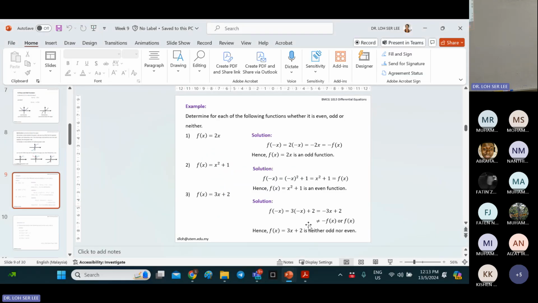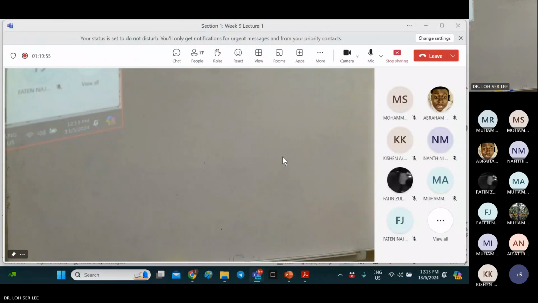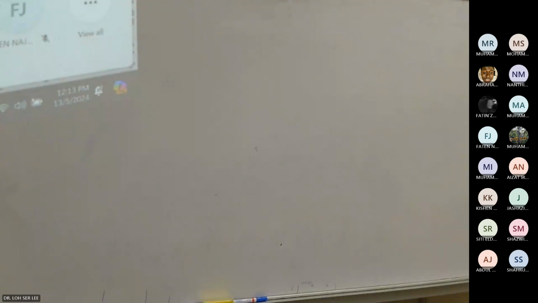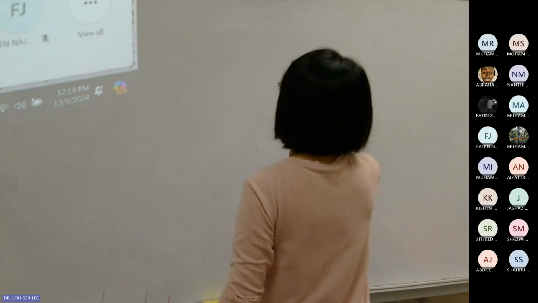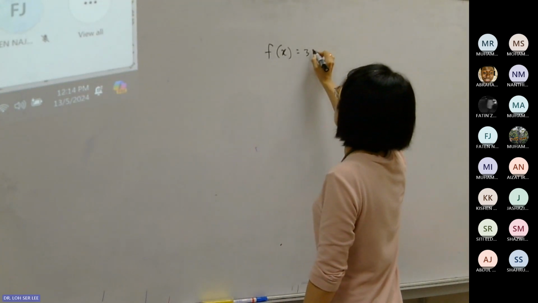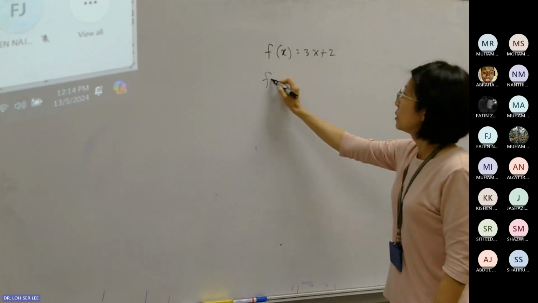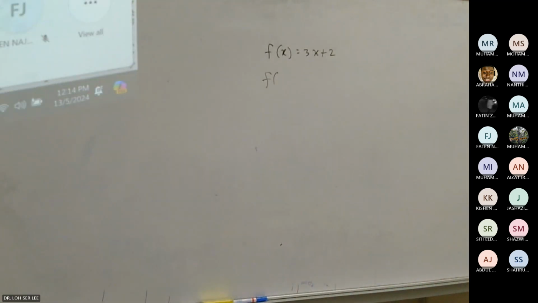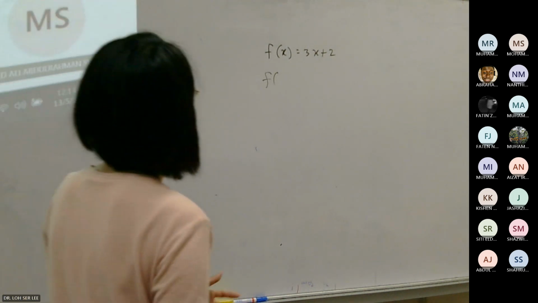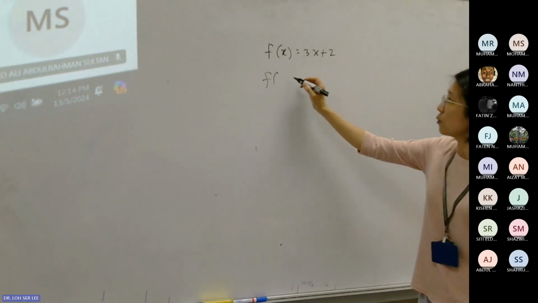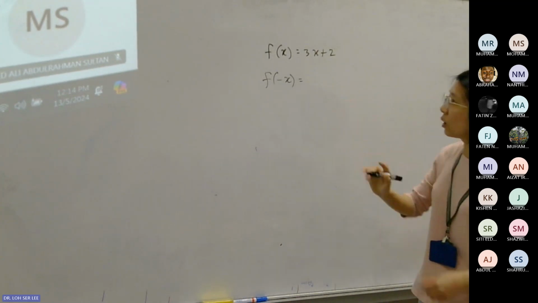I think I write on my board. fx is 3x plus 2. So now we want to check whether this function is odd or even.